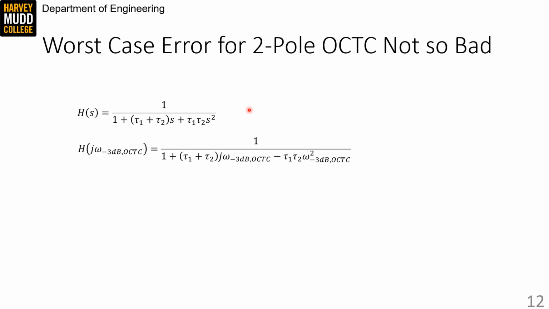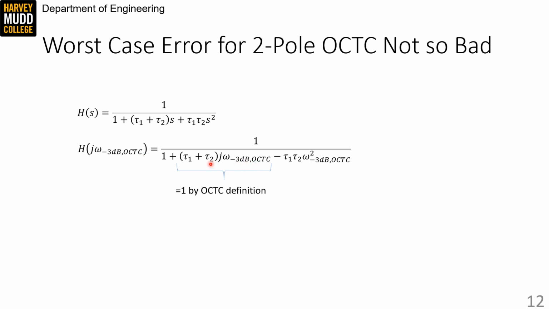Alright, so if we substitute the frequency we predict with open circuit time constants into this two-pole transfer function, we get this expression. And moreover, we know that the sum of our tau i is equal to omega minus 3 dB OCTC, this predicted bandwidth, by definition, right?